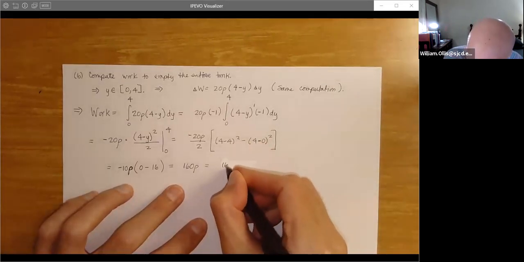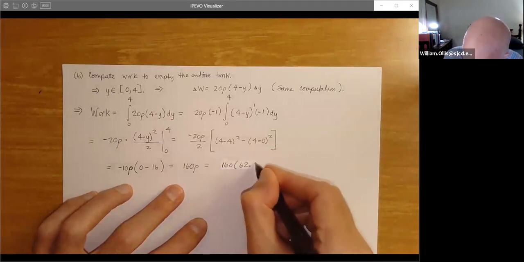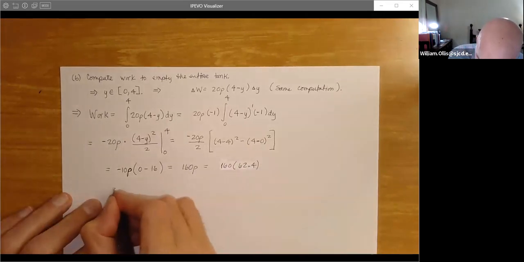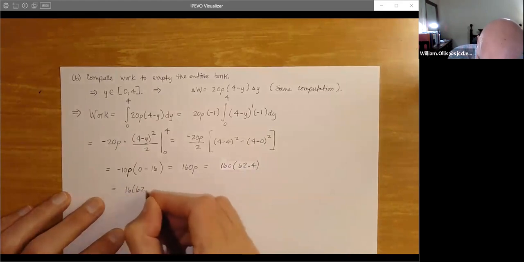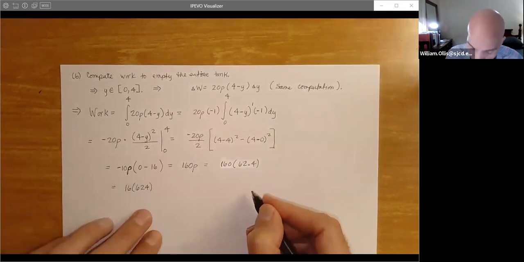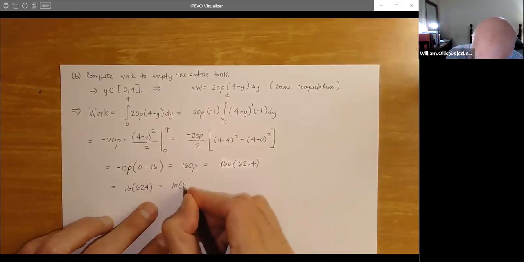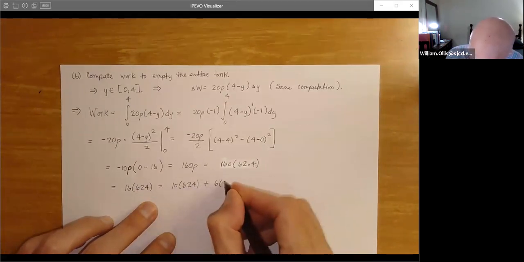Do 160 and then substitute the 62.4. There's a reason for this. Let's go ahead and retire the decimal. So this will give us 16 times 624, which is an easier computation. And now we can just say, well, this is 10 times 624 plus 6 times 624.